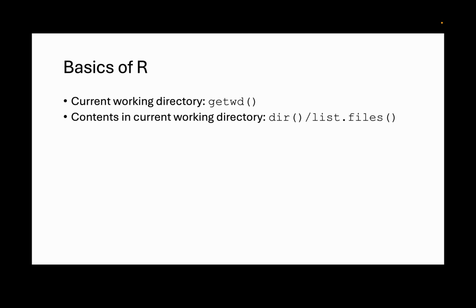But there is a slight mismatch. What he said is that if you want to see the content of your environment, you need to use ls. But if you want to see the content of your current working directory, you need to use dir in brackets or list.files.